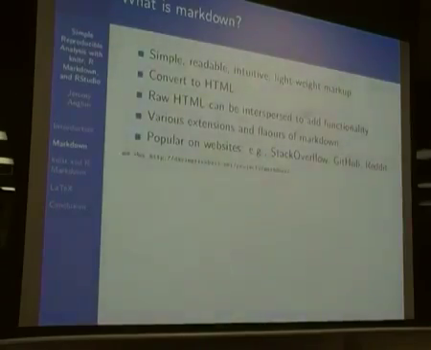The other nice feature of it is that you can intersperse HTML. So while it's very simple, if you want something more, you want a HTML table, or you want some style sheets, or whatever it might be, you can just write HTML and they'll get added and passed right through.